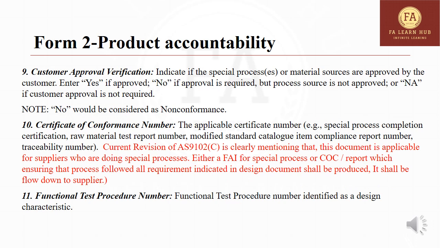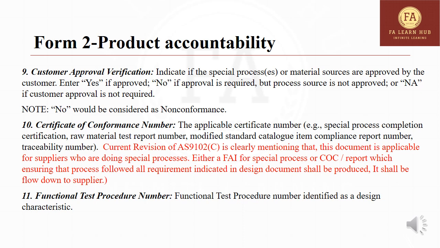Field number nine, customer approval verification, indicates if the special process or material source are approved by the customer. Yes, if approved. No, if approval is required but not done. Or not applicable if customer approval is not required.